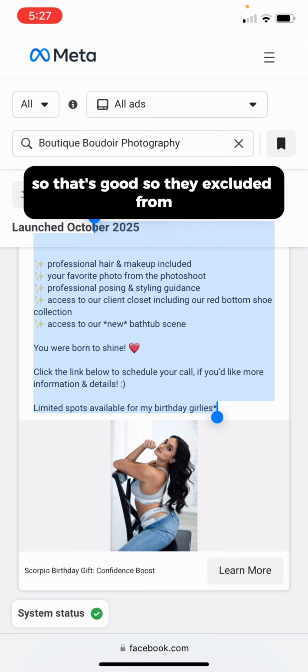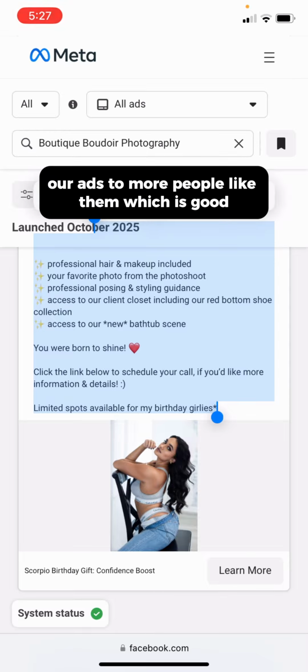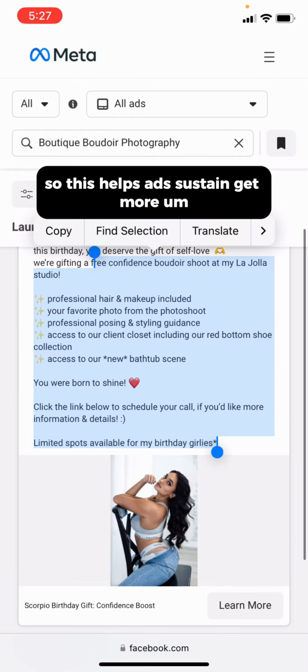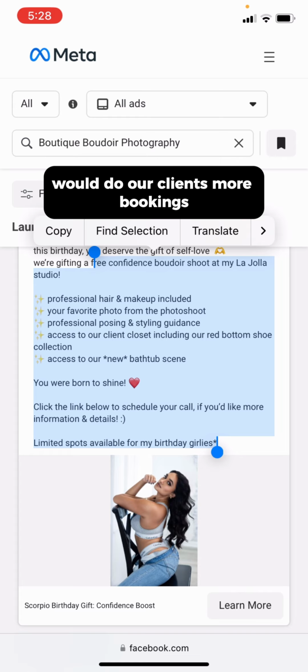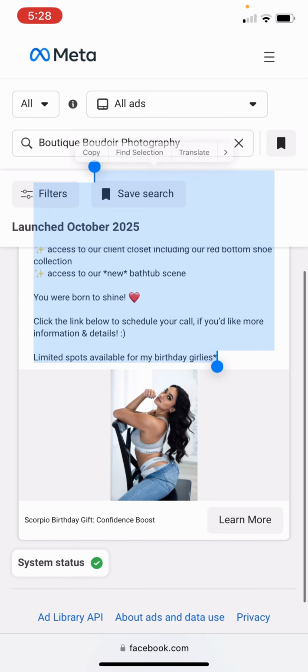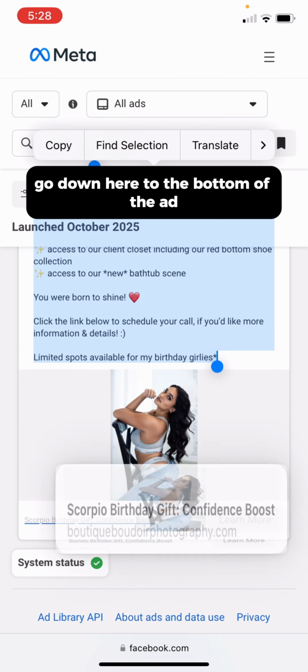They're excluded from Meta sending our ads to more people like them, which is good because it wasn't for them. So this helps ads sustain, get more boudoir clients, more bookings. Don't need to restart ads as much, more qualified clients. Really good, nice. The final two mistakes, numbers 9 and 10, go down here to the bottom of the ad.